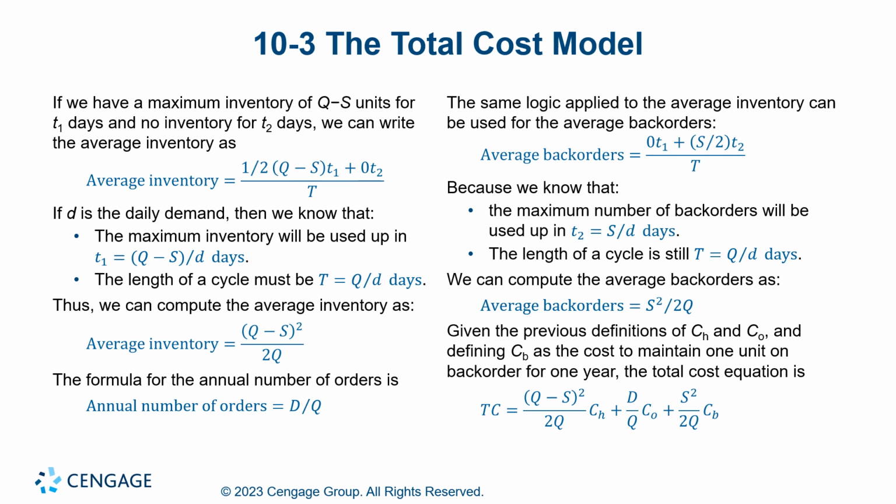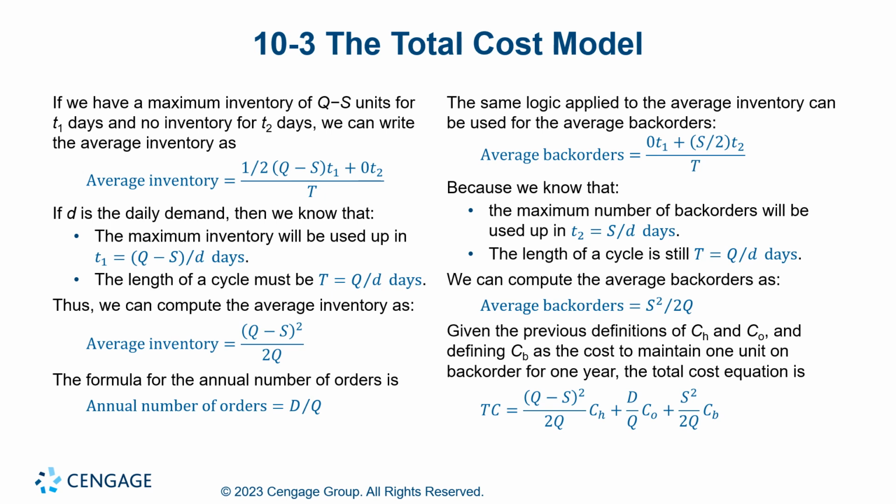Now in this model, the maximum inventory is at Q minus S instead of Q. And in terms of the time, we have T equal to T1 plus T2. And we only have the inventory carried at T1. And therefore, the average inventory in the EOQ is Q divided by 2, right?